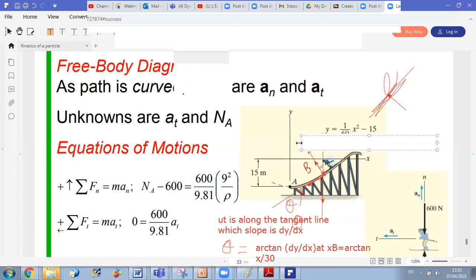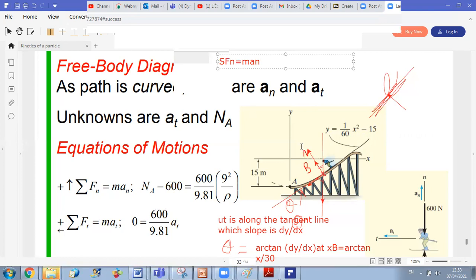Now, once I have my forces, I am ready to write the equations. If I want to apply my equations to this general case, I will start with the sum of forces along UN, which equals M AN. First, I have the normal.